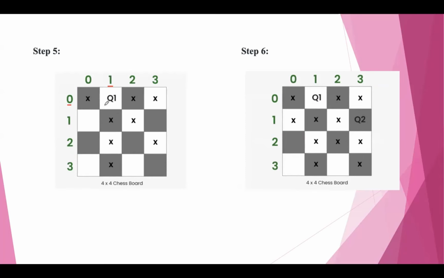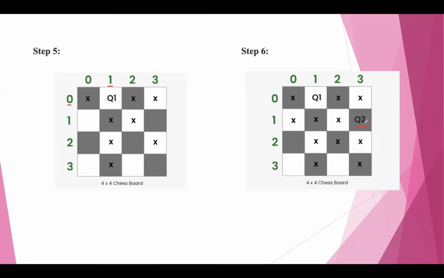And after this, place queen Q2 at cell 1, 3. This place is safe. You can see all the cells in the same row, same column and diagonal cells are represented with X.